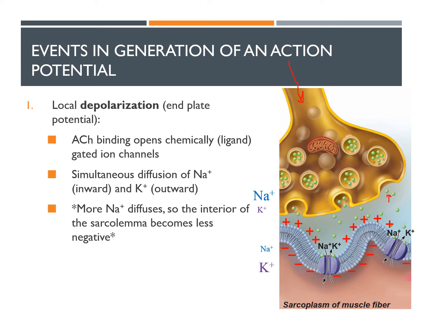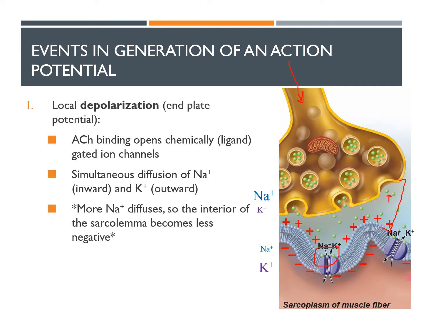Those acetylcholine molecules diffuse across the synaptic cleft, so this space here between the axon terminus and the membrane, that's the synaptic cleft. Acetylcholine travels across the synaptic cleft and then binds specific sites on this protein in the sarcolemma of the muscle cell.